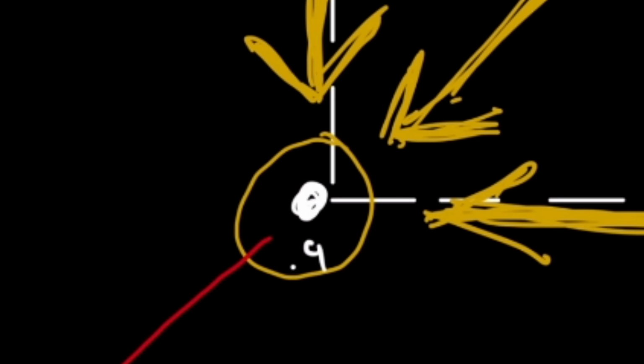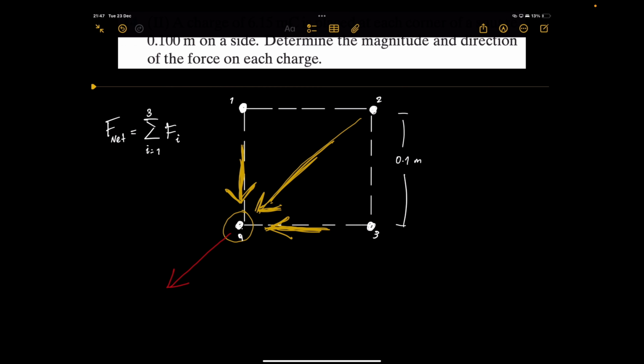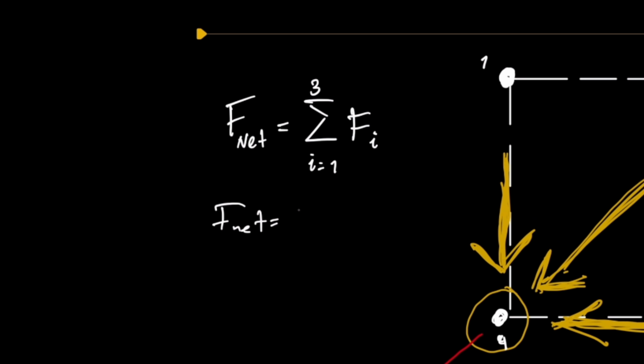Because this particle is 4, and this particle is not going to exert any force on itself. So that's why we don't take it into account. Now the net force equals F1 on 4 plus, they are vectors, F2 on 4 plus F3 on 4.